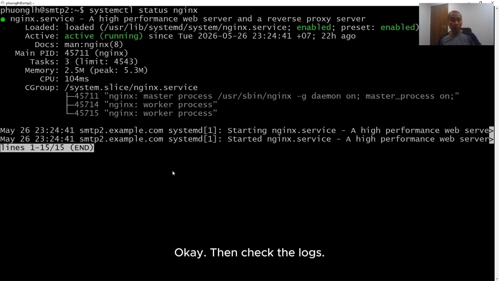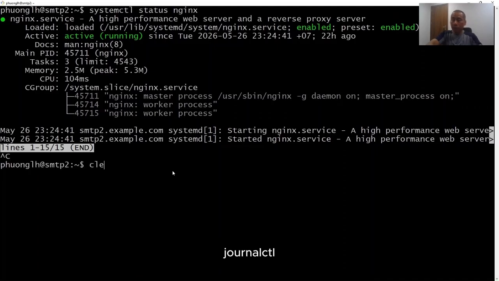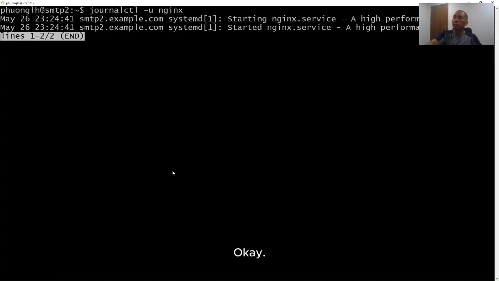Then check the logs with journalctl. Then check local connectivity.